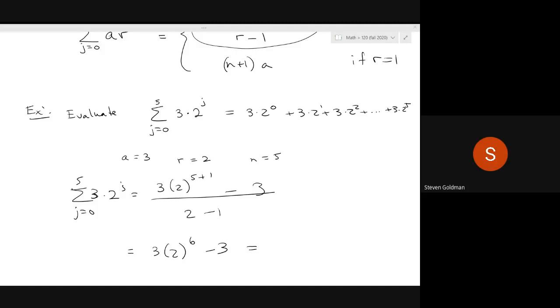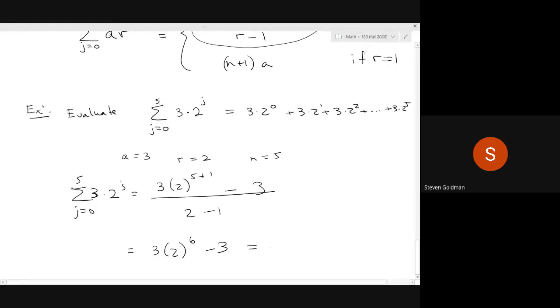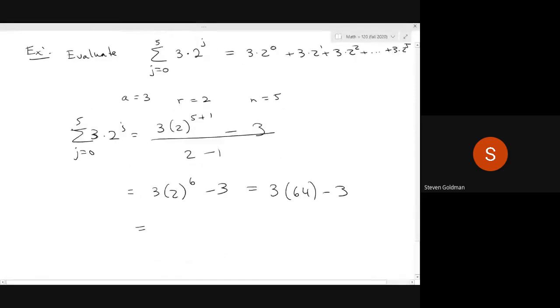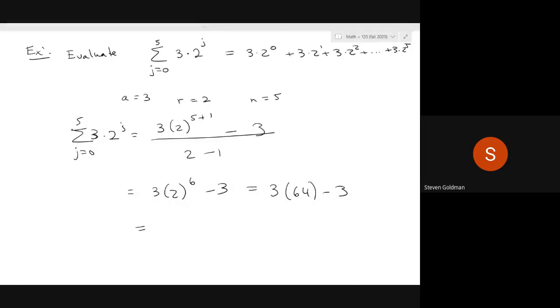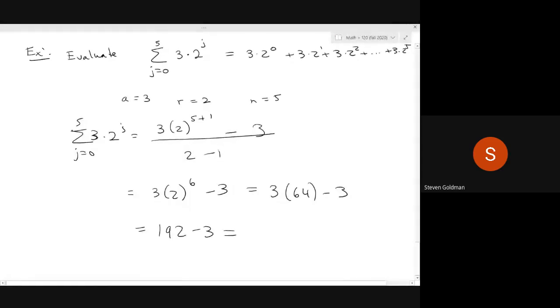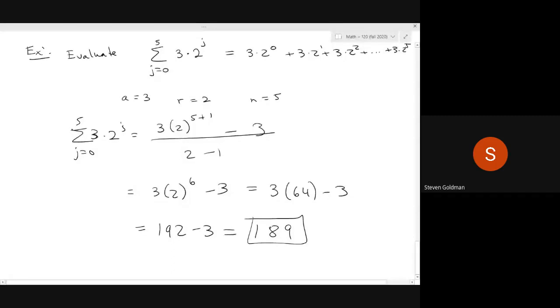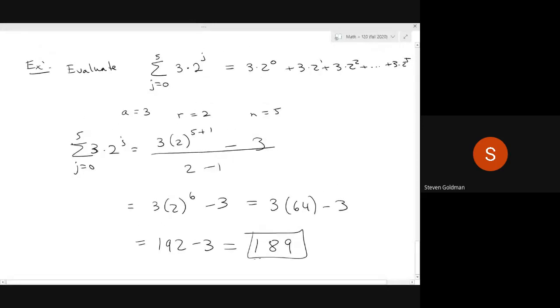You guys are all my computer science people, so you should know powers of 2 pretty well, I would hope. 3 times 64 minus 3. 3 times 64 is what? 192, yep, exactly. So 192 minus 3, which is 189. So it's much faster, much more efficient for evaluating the sum to use the formula than to sit there and add up all the terms. There's much less time involved.